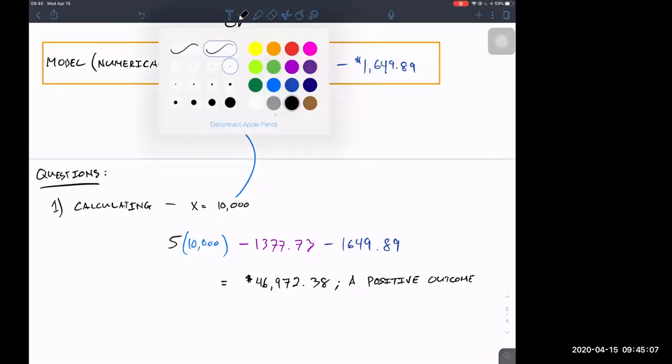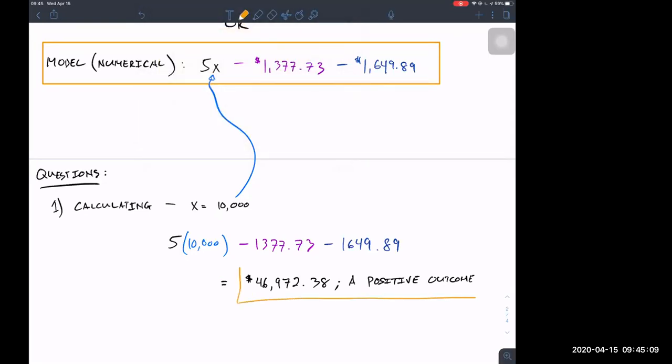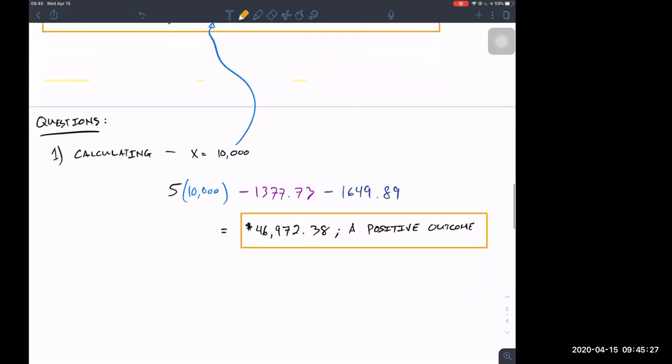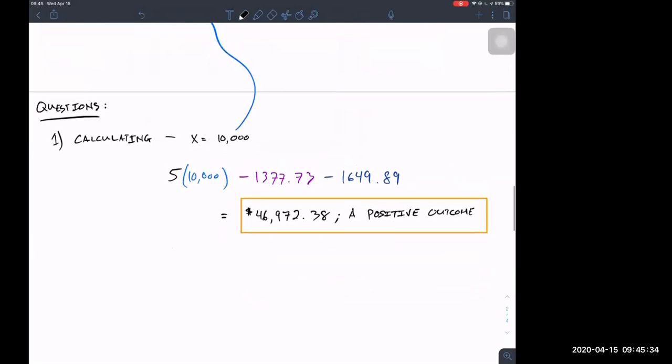The calculating based questions that follow up from the model, those are the easiest because I give you some kind of number and you plug it in, and as long as your model is done correctly, you'll get the right answer. So that's straightforward. Okay. The thing that you want to note though is that as you move to the second question, I'm going to give us a little bit of space because I'm going to notate it here.